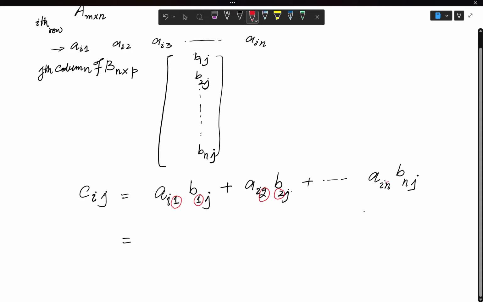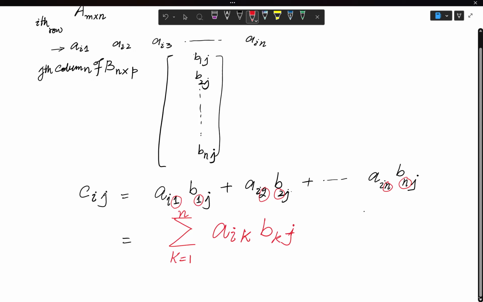And we can write it by considering the second index of A and the first index of B as a variable k, from 1 to n. So I can write it will be Aik Bkj, where this k varies from 1 to n, and n is the special number, which means a multiplication conformance condition that the columns of A must be equal to the rows of B, right?